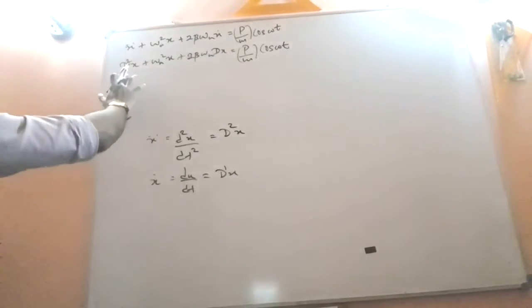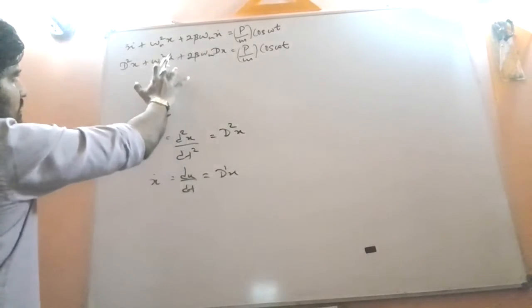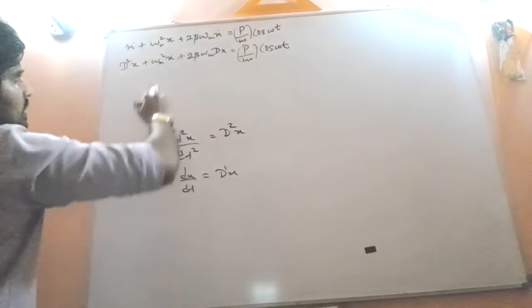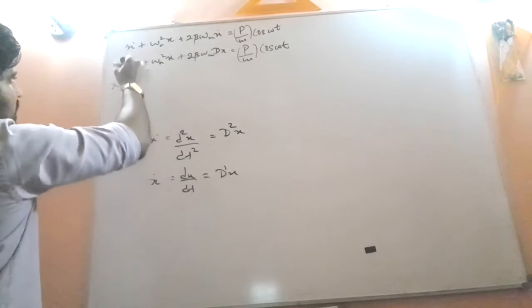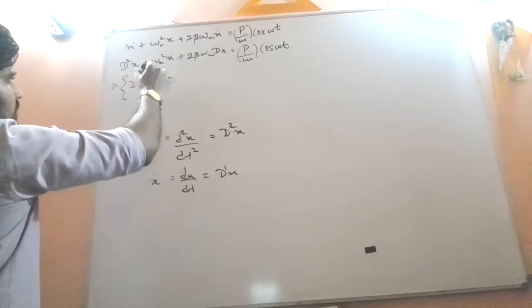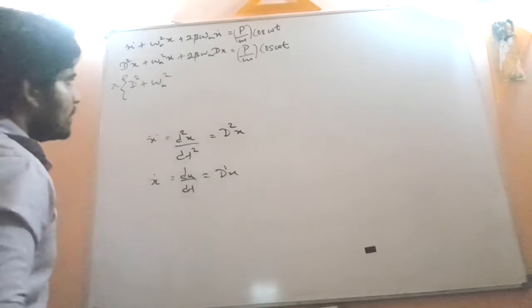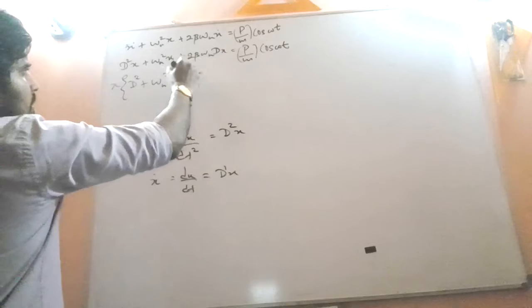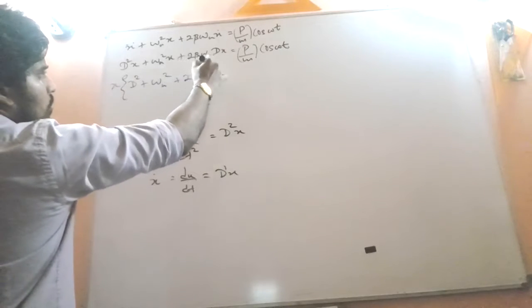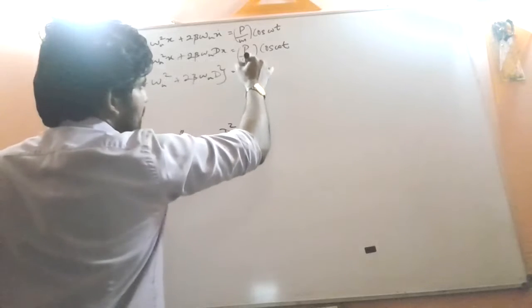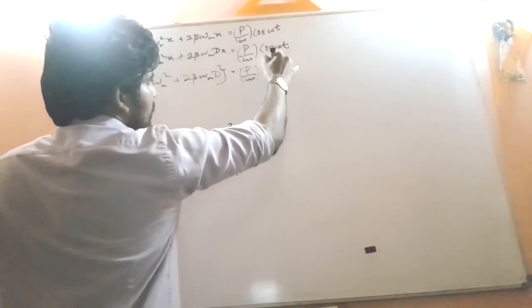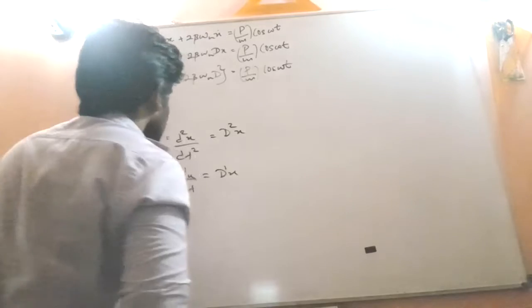And now from here you can take this x out, because x is common. So taking x out, D squared plus omega n squared plus 2 beta omega n D equals P divided by M cos omega t.